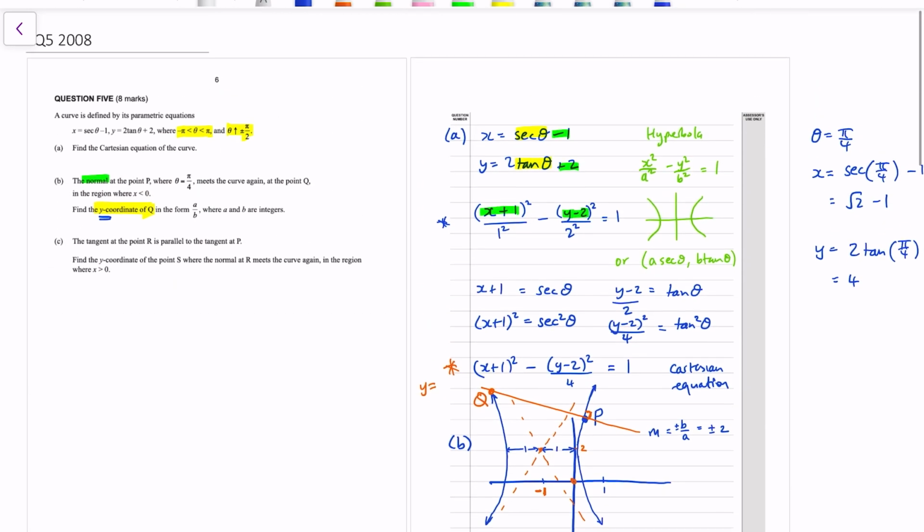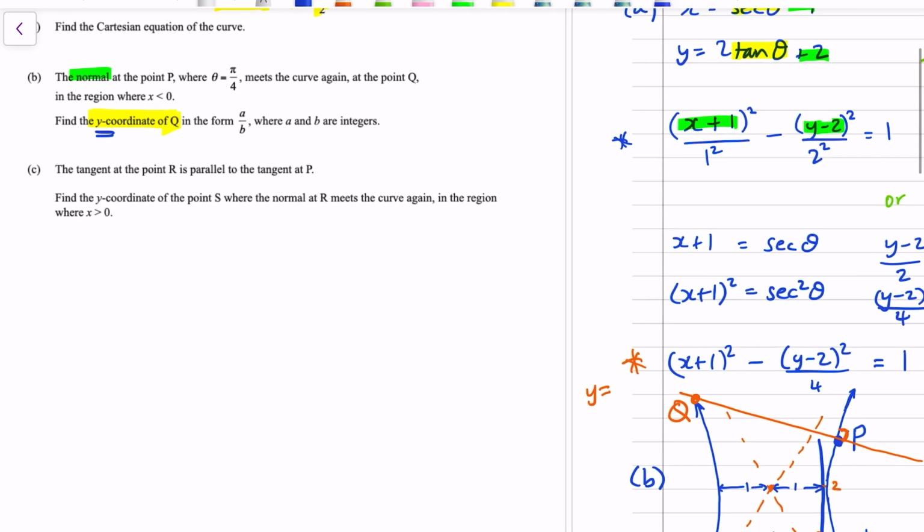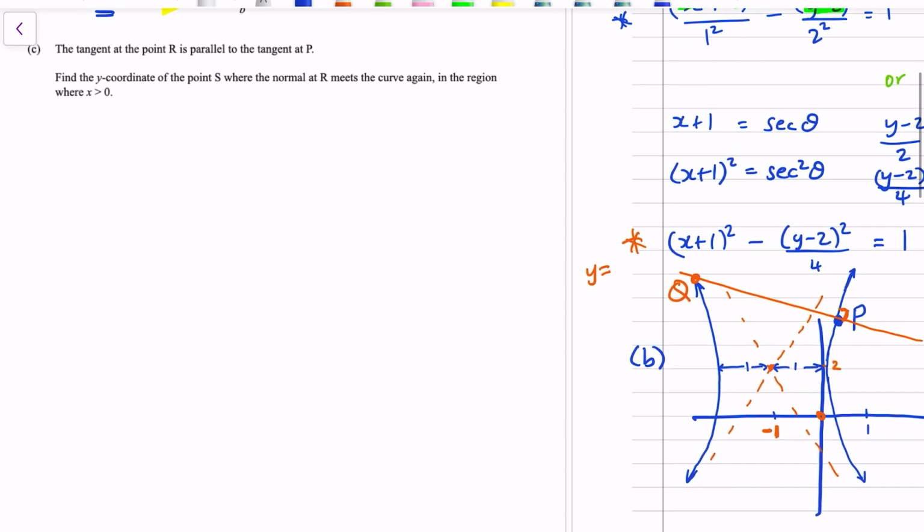Alrighty, part C of this problem could be solved using similar methods. So we've got the tangent at the point R is parallel to the tangent at P. Find the y-coordinate of the point S, where the normal at R meets the curve again in the region where x is greater than 0. So let's just look at our diagram over here.